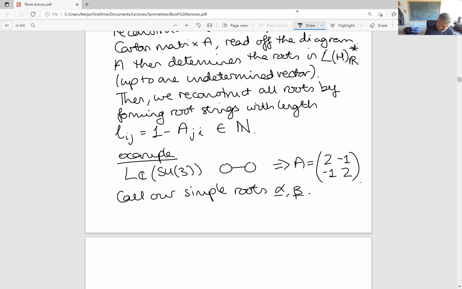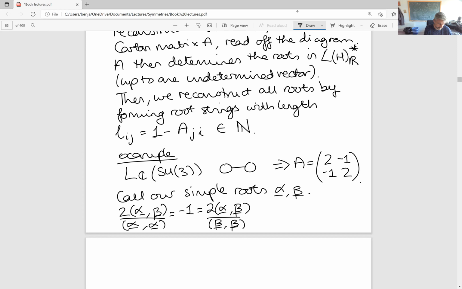And this Cartan matrix implies that the off-diagonal elements tell us what 2 (alpha, beta) over (alpha, alpha) is. So one of them tells us this, which is -1. But the other one tells us what 2 (alpha, beta) over (beta, beta) is.